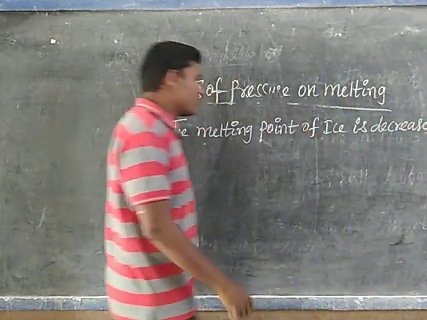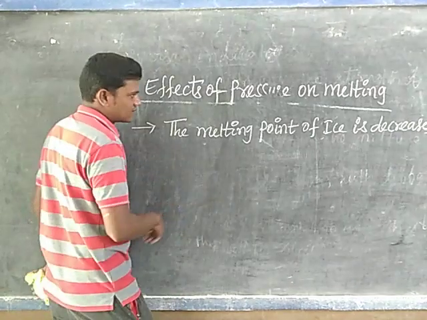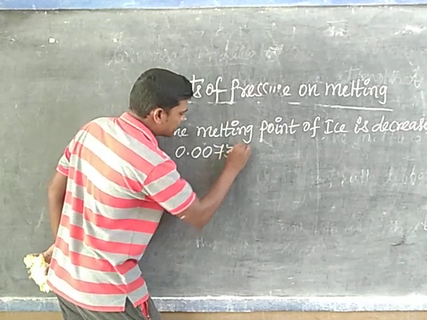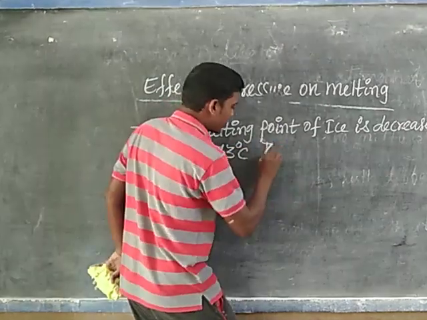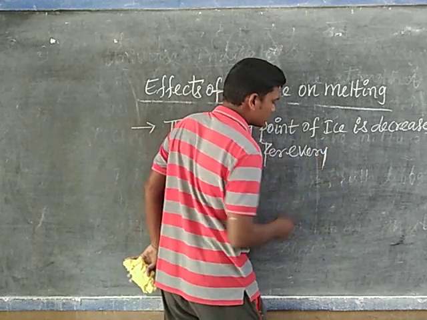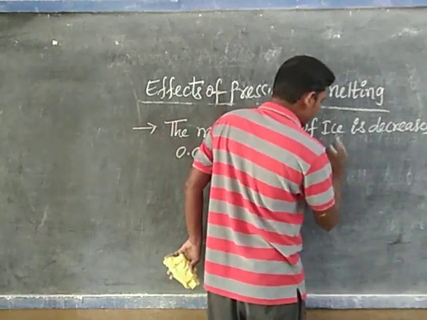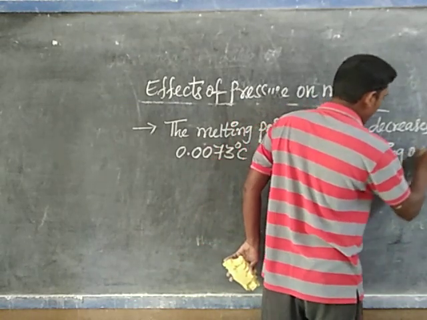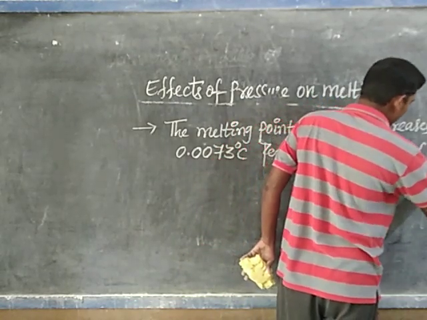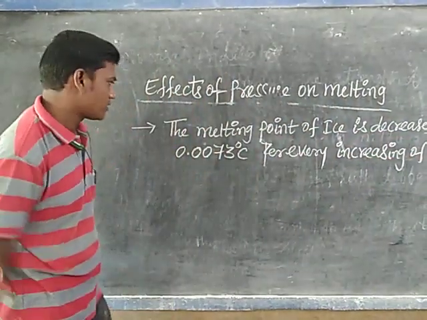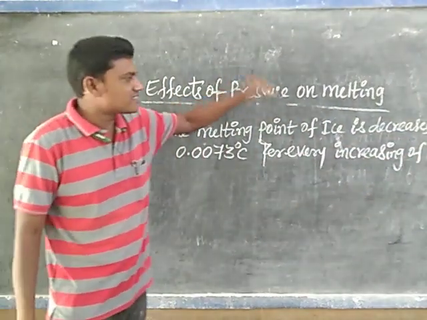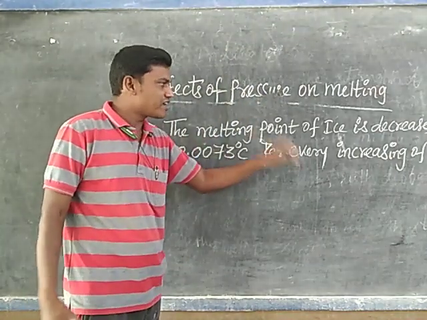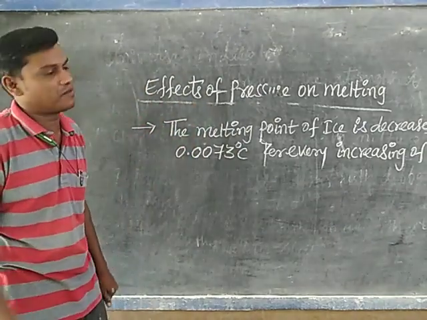Listen very carefully: the melting point of ice decreases by 0.0073 degrees Celsius for every increase of 1 atmosphere. So the melting point of ice decreases by 0.0073 degrees Celsius for every increase of 1 atmospheric pressure.